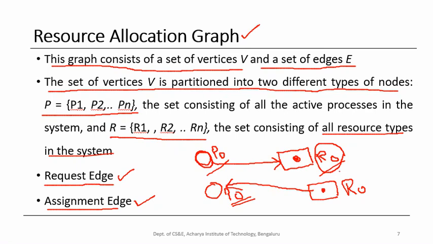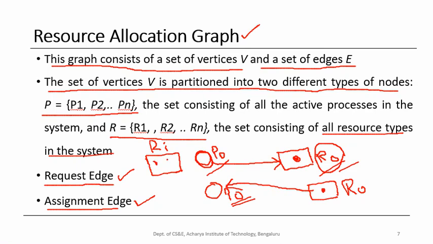Now before the resource is allocated to the process, you will find a request edge, and once the resource is allocated to the process, the same request edge becomes an assignment edge. So these things you'll have to remember. One more thing you have to remember is that a resource is represented by a rectangle, and instances of that kind of resource are represented by putting dots inside this box.